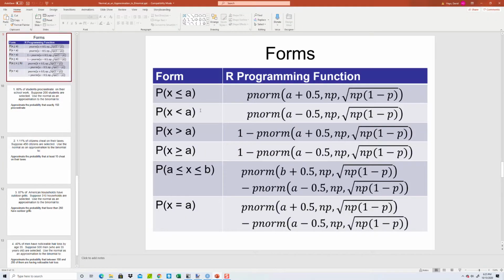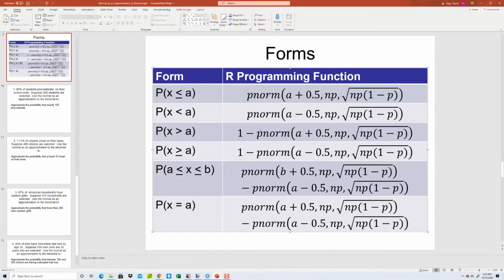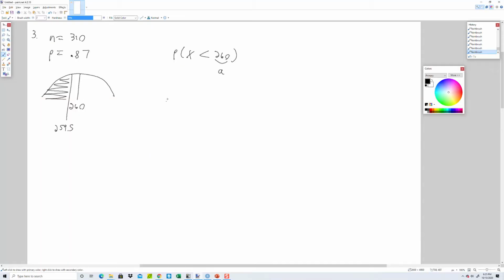So I come up here. That's this second case right here. So A is going to be 260, right there, and that's this one.